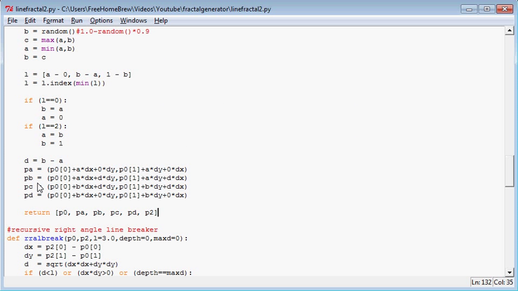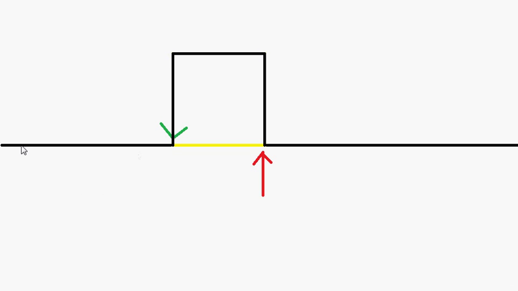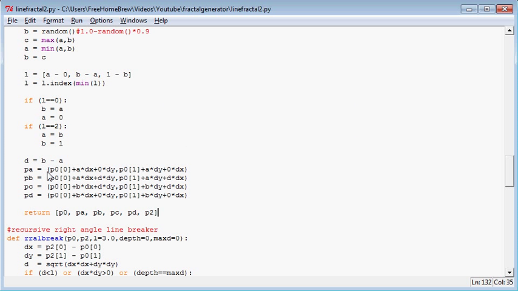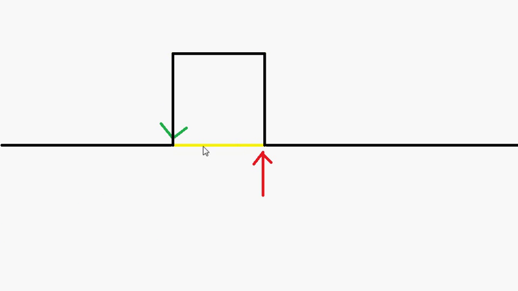Now to the definitions of these points. We have the left perspective for all of these points, so it's all relative to this point over here. We take point A, the first point, and the x-coordinate plus A times the x distance, and another one A times the x distance, and B times the x distance, and B times the x distance. Because A and B are smaller than 1, we'll always end up in between these 2 points.